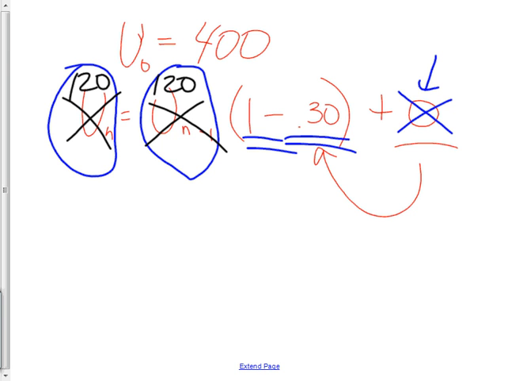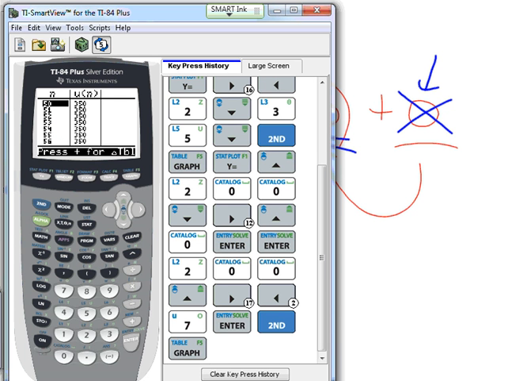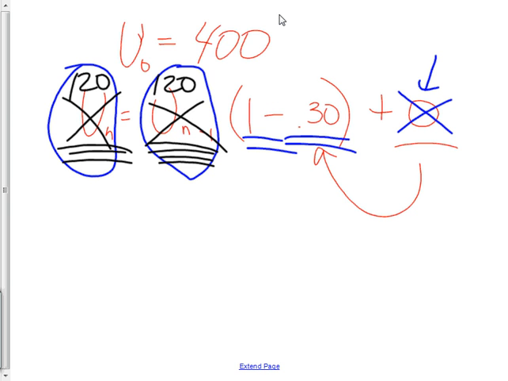Because this is any term, U sub n is any term. This is the term right in front of it. When you're way down the list and a thing keeps repeating, like in this case 350 over and over again, then any term is 350, and the term right in front of it is 350. That's why those need to be set to, in this case, 120.